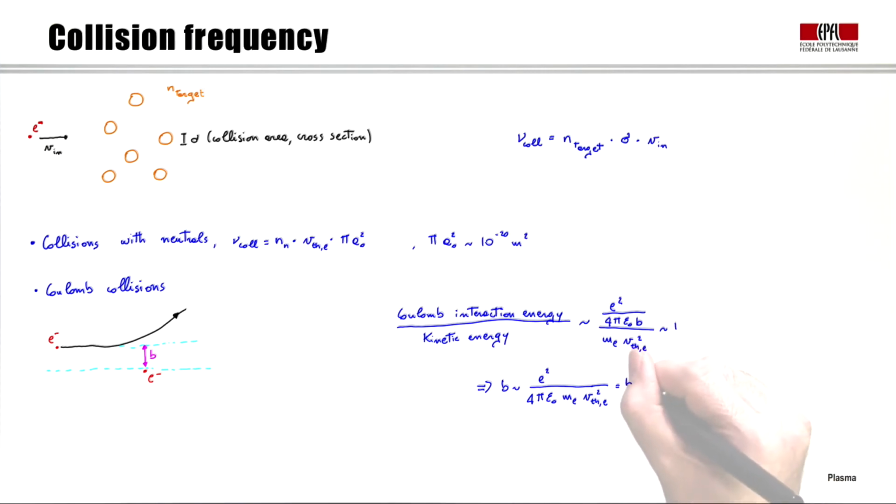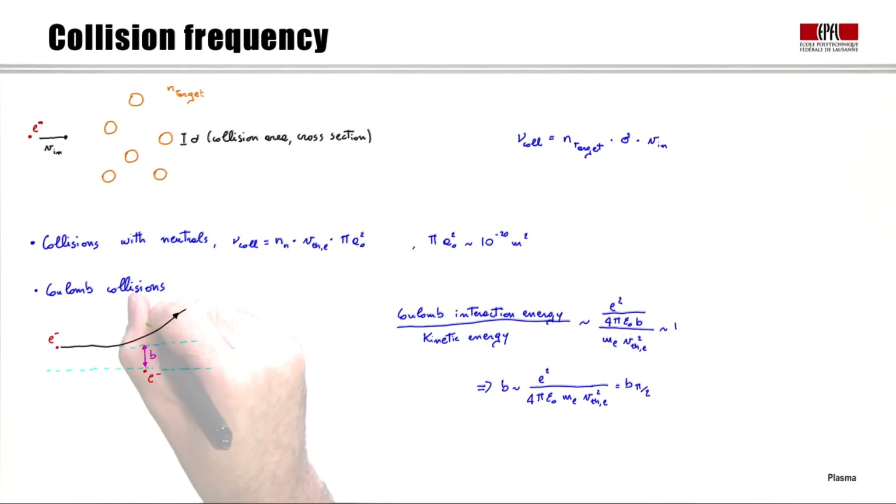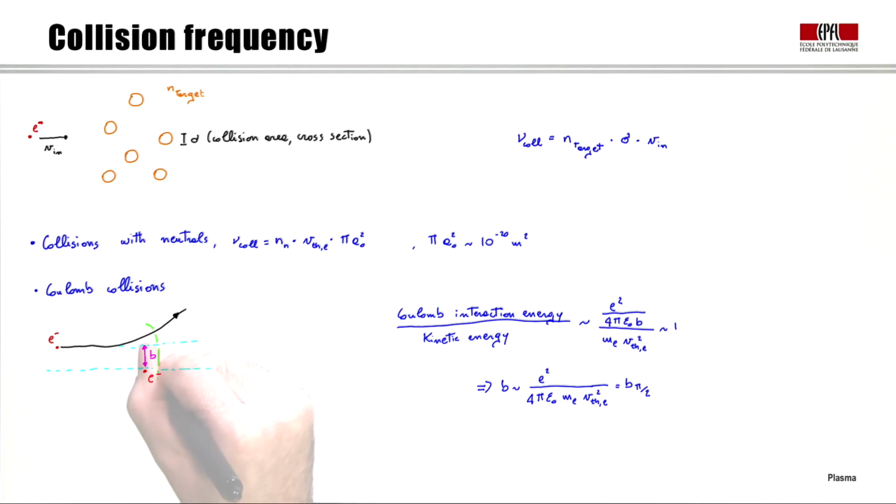And this, for reasons that will become clear later, is what we tend to call b pi over 2, the 90 degrees parameter. And now we have all the elements to estimate the collision frequency due to Coulomb collisions. It's a very rough estimate. We will look more into the details of the Coulomb collision frequency later in the course.